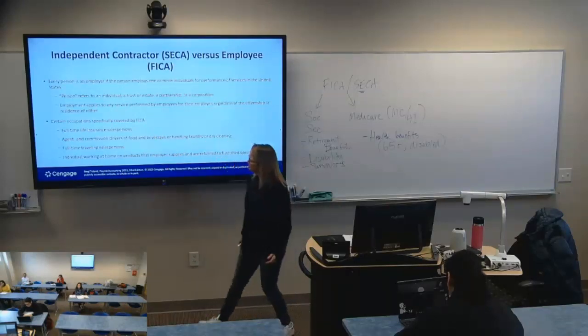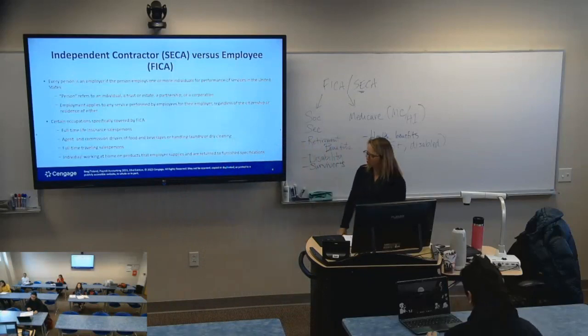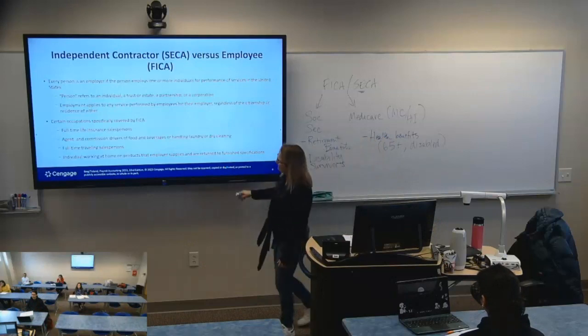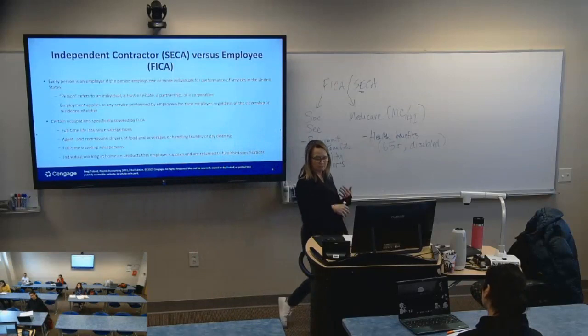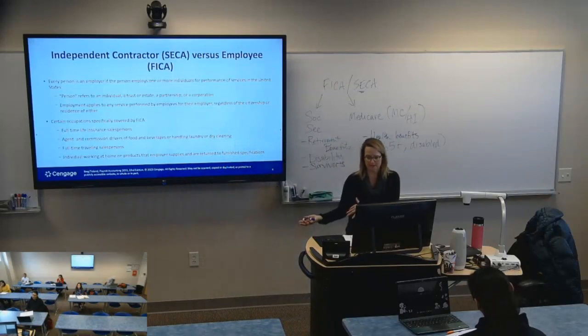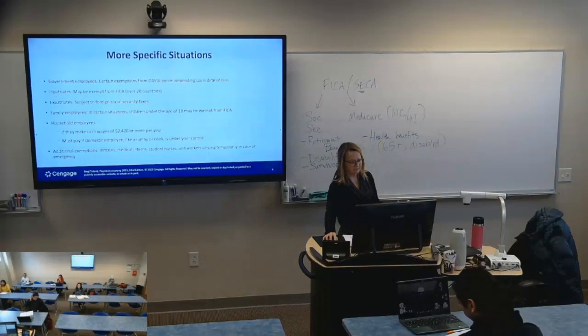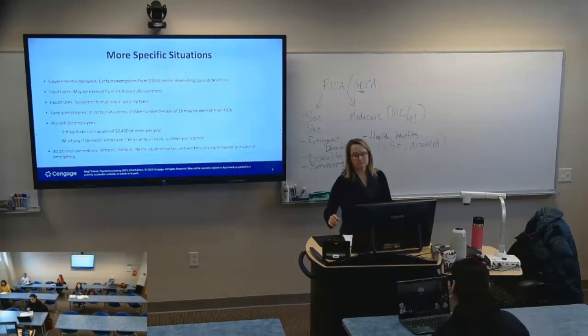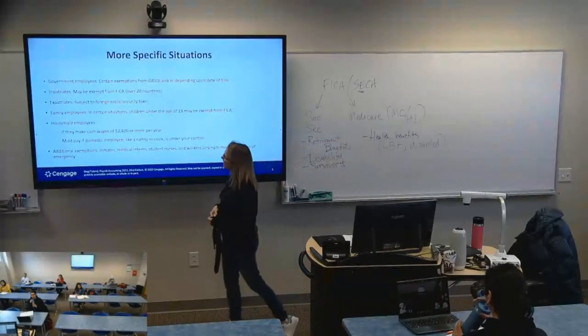Traveling salespeople, agent and commission drivers of food and beverage, or handling laundry or dry cleaning. Very specific, isn't it? Or individuals who work at home on assembling products and then ship them back out to the employer, they're automatically covered by FICA. Okay.